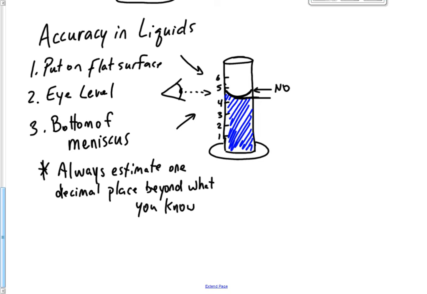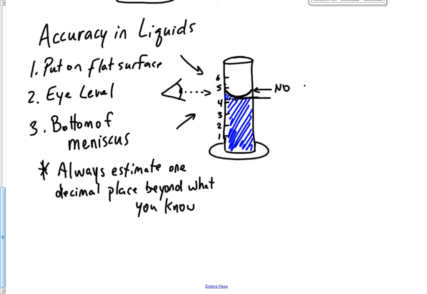So we know that it's at least 4. You just have to estimate. It comes over to right there, so it's not going to be 4.8 or 4.9. You're going to estimate somewhere that makes sense. So I would say 4.1, 4.2, 4.3. All of those would be acceptable.